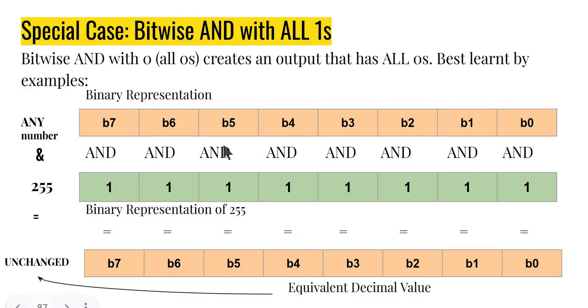If I want to find out the values of B5 and B4, which could be 0, 1, anything, all I need to do is an AND with a mask: 0, 0, 1, 1, 0, 0, 0, 0. The output then will be 0, 0, B5, B4, 0, 0, 0, 0. So it acts like a mask, and we will see this in action later on.